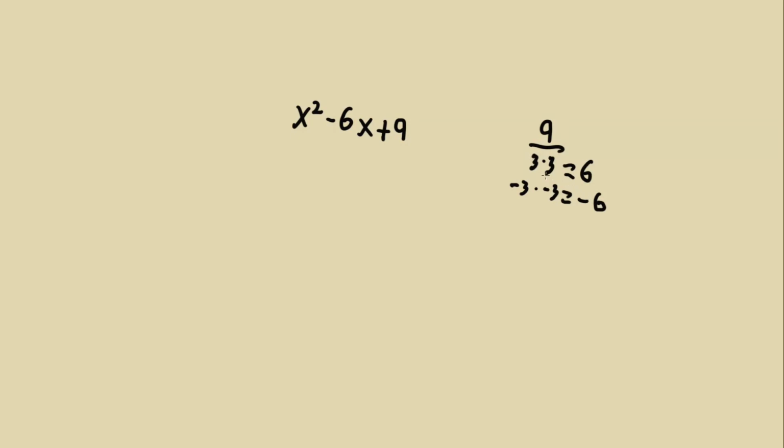So you had to play around with all the factors and their signs, but you'll eventually end up like this, okay? So now that we know it, all we do is simply x plus negative 3, or x minus 3, times x minus 3. And this will equal x squared minus 6x plus 9.